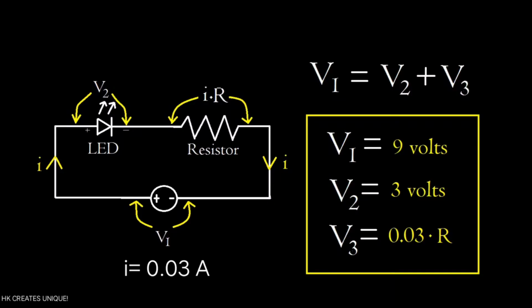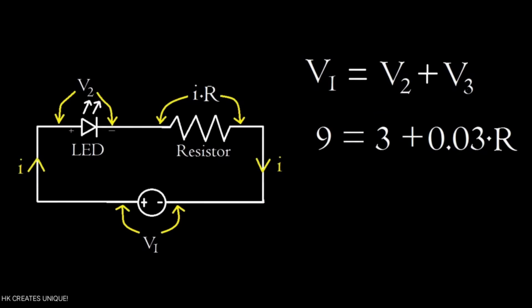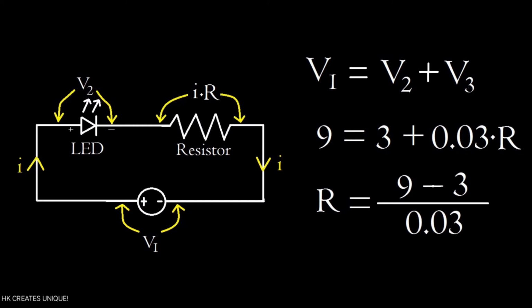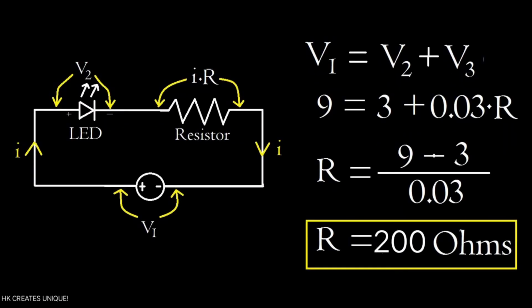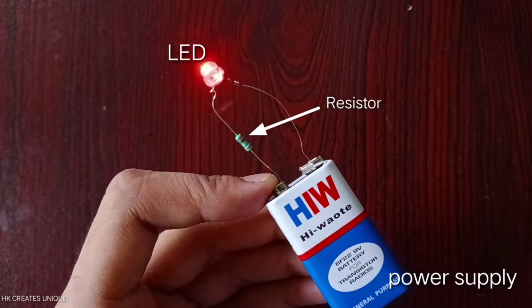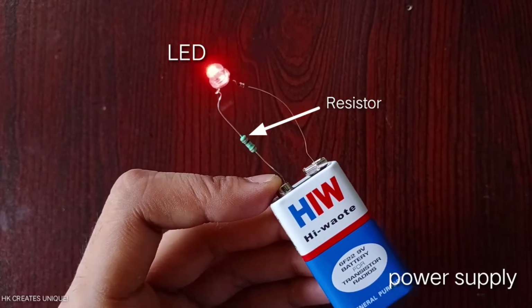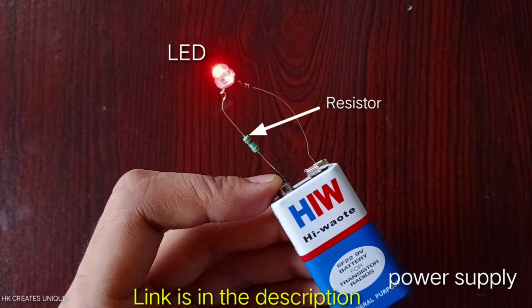Therefore, current in the circuit must be 0.03 amps. So V1 equals 9 volts, V2 equals 3 volts, and V3 equals 0.03 times R in the circuit. Now just simplify the equation and we will get the value of the resistor. We get 200 ohms. If I make the same circuit practically, the LED glows without getting damaged. I already made a video on this LED circuit, link is in the description.